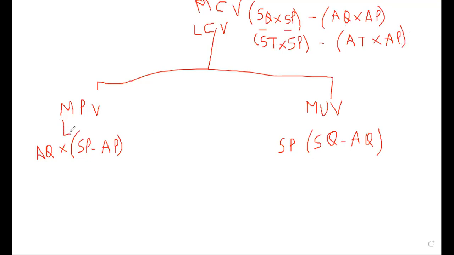In place of material price variance, we write it as labor price variance. So it would be actual time into standard price minus actual price.